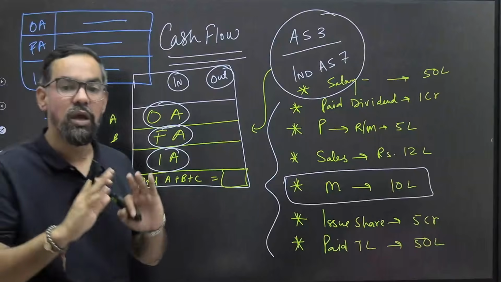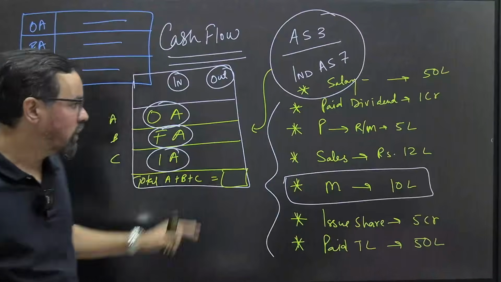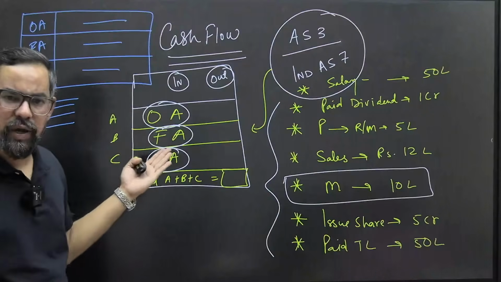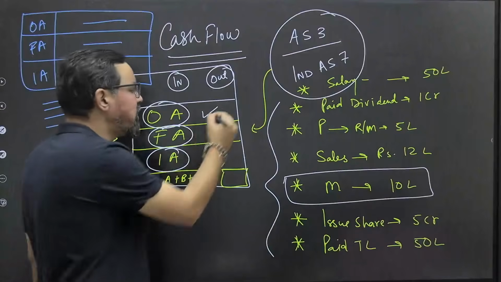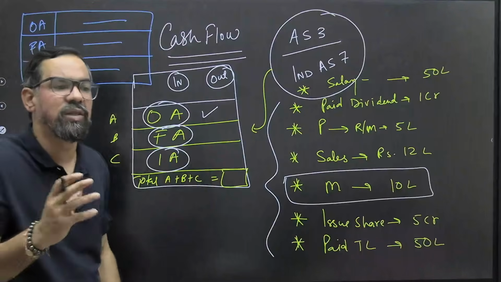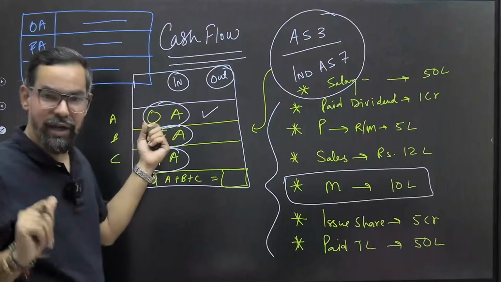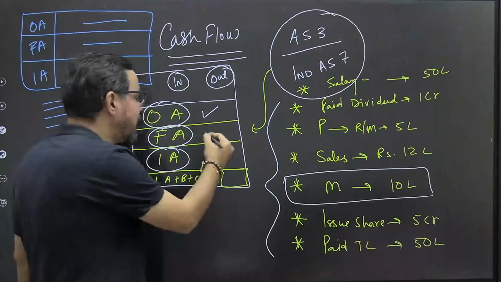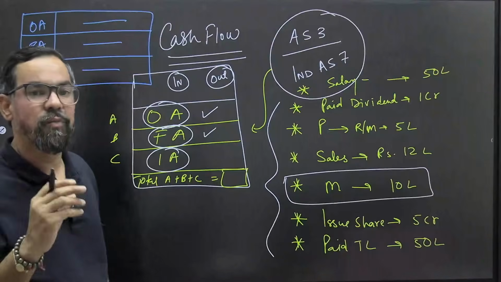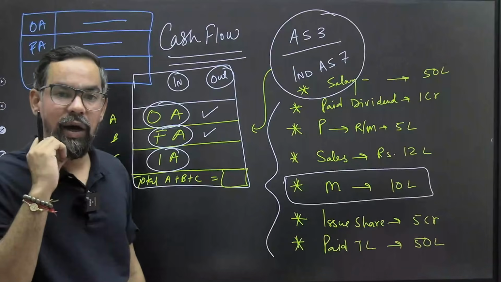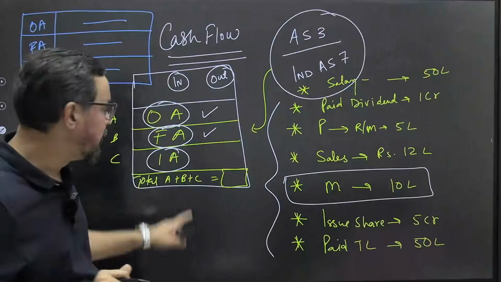Now when it comes to operating activities, these are core revenue generating activities, somewhere around sale and purchase, and current asset and current liability changes. Financing activities make changes in the overall equity and debt of that particular company. Liability means outside liability.